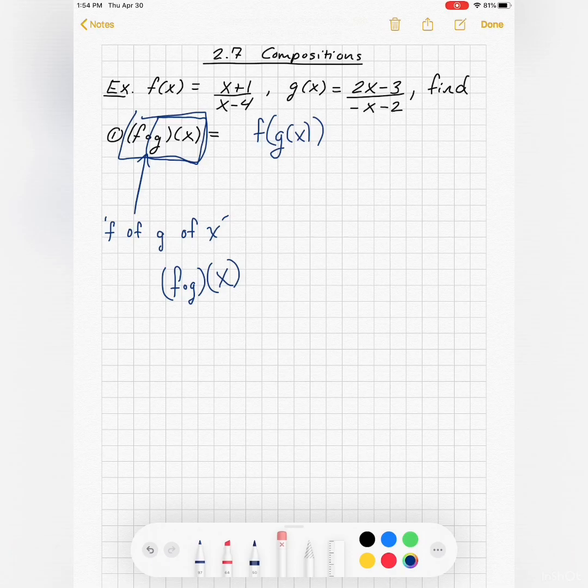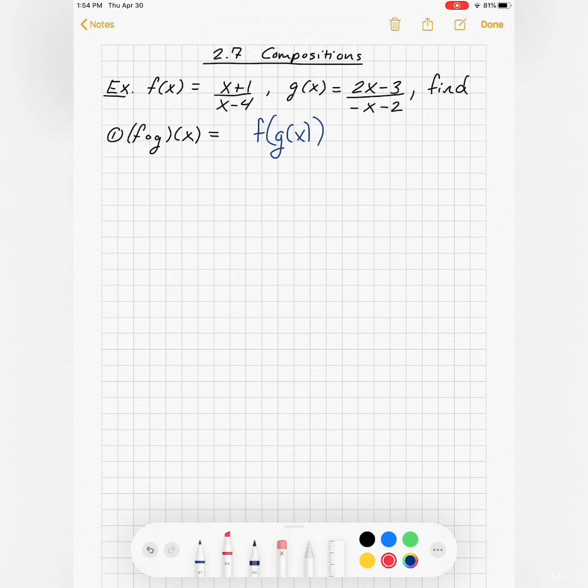So actually, what I have here is I actually have two different ways of writing the same thing. I can write this or I can write that. Okay, those are the same thing written in a different way. This is the way we typically write a composition.